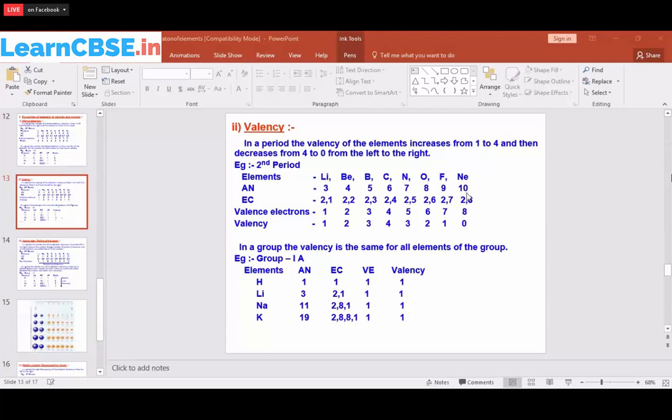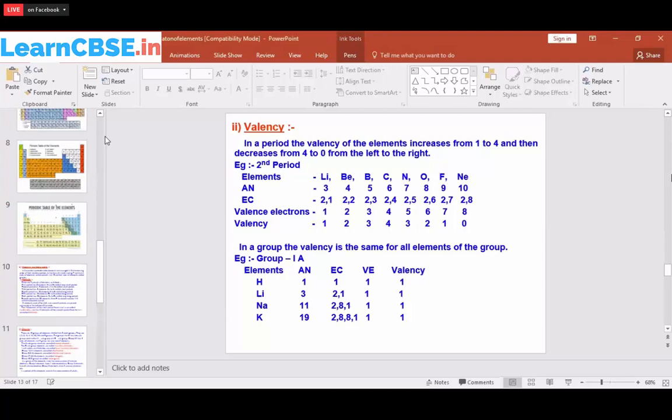Neon has 10 electrons, so we place 2 electrons in the first shell and 8 in the second shell. The maximum occupancy of the second shell is 8, and that is completed by neon. That is why the elements in group 8 are always unreactive.